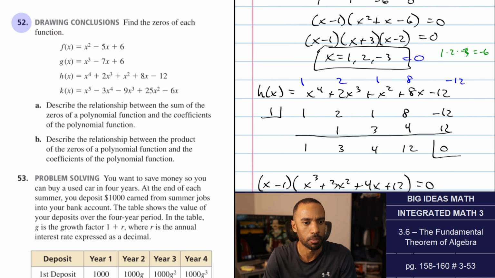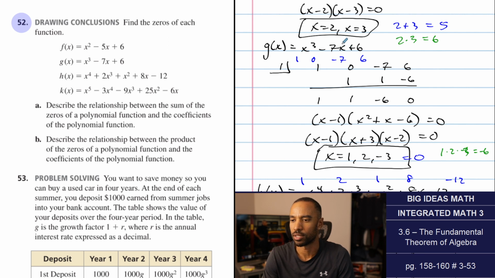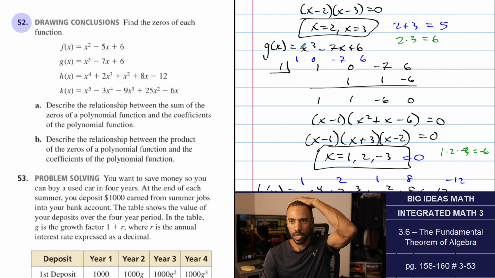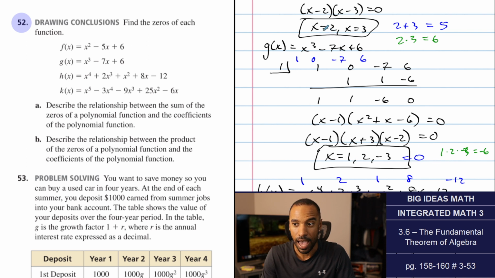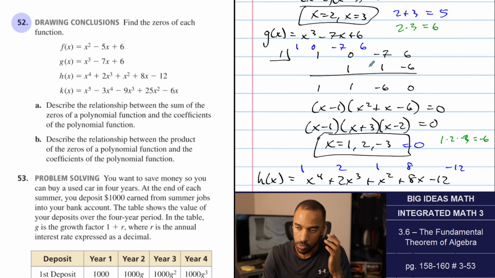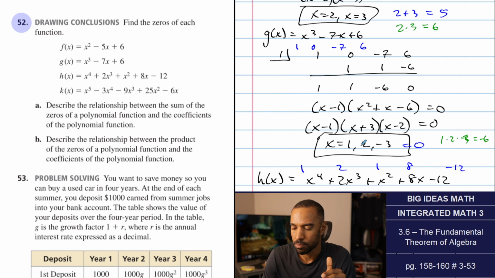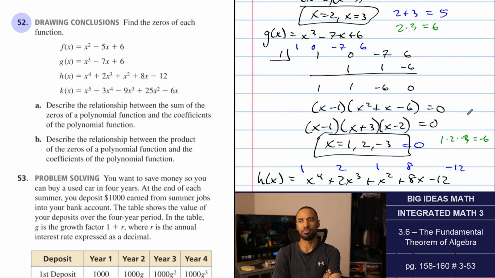I want to make sure I copied down the problem correctly. x cubed minus 7x plus 6. I did copy it down correctly. Let's make sure the solutions are good. I got x minus 1, so 1 is a solution. They added to 0, like the second term was 0. That was all good. 1, 2, and negative 3. 1 times 2 is 2, times negative 3 is negative 6, and that's positive 6. That's the only one that doesn't seem to be perfect.